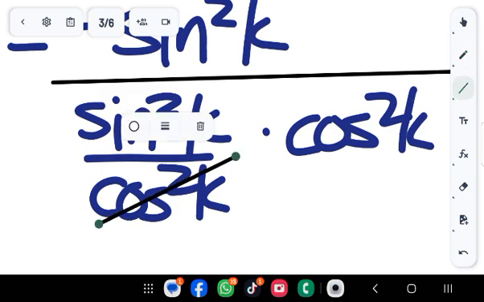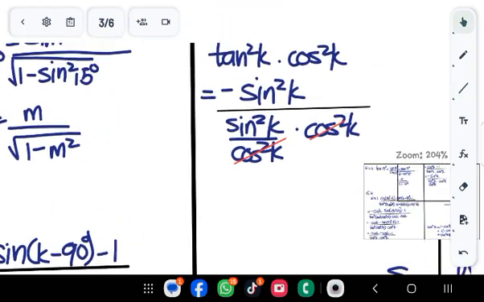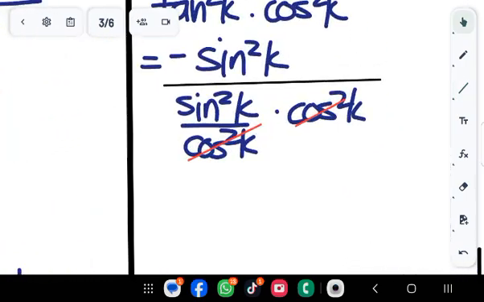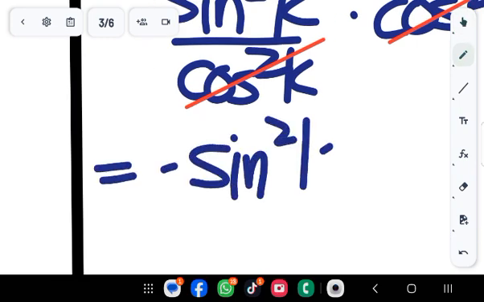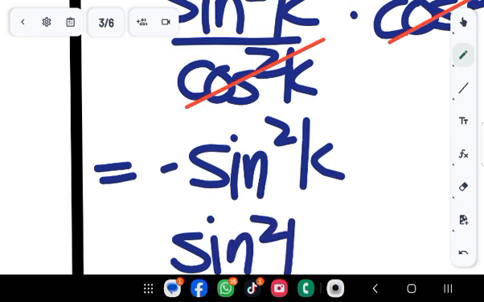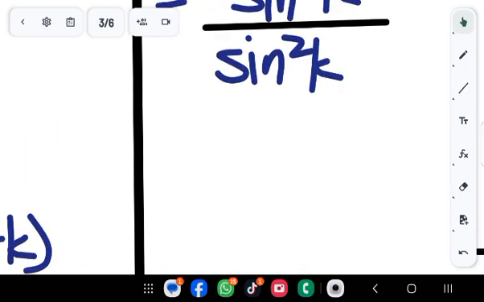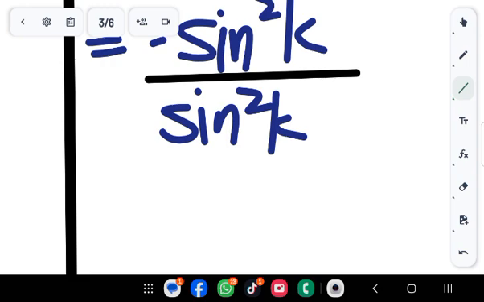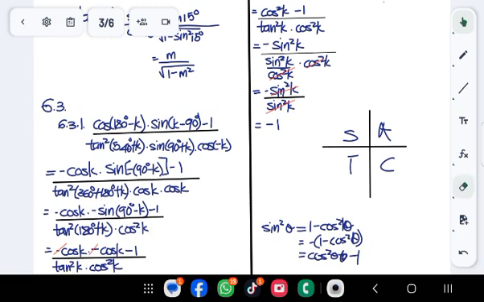The cos squared cancel out, and that leaves us with minus sine squared k over sine squared k, and that gives us negative 1, because these two cancel out. That leaves you with negative 1 is the answer there.